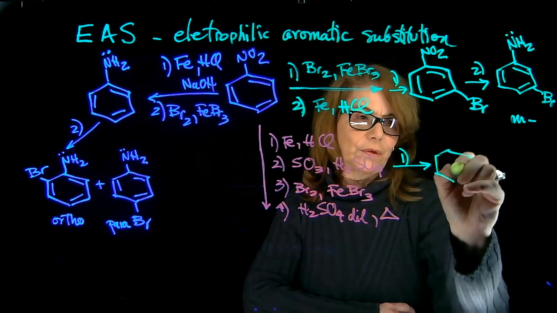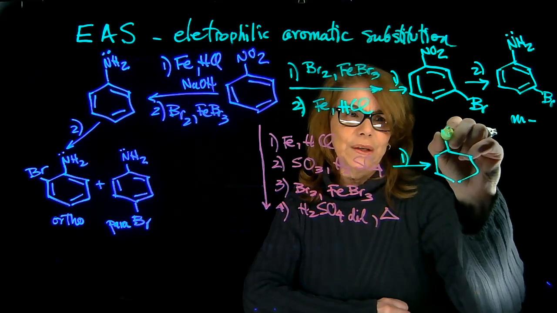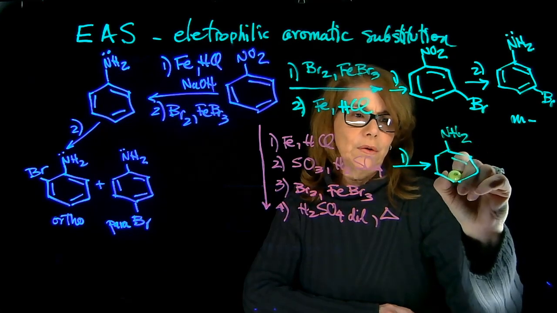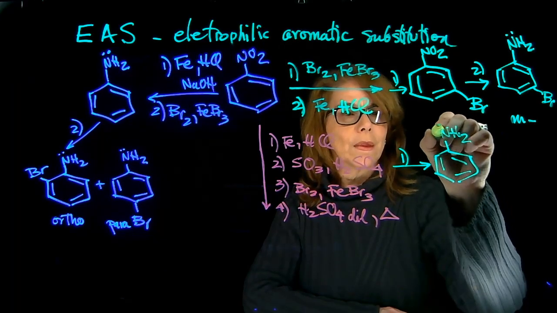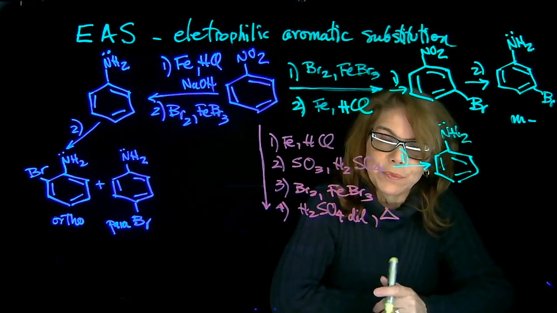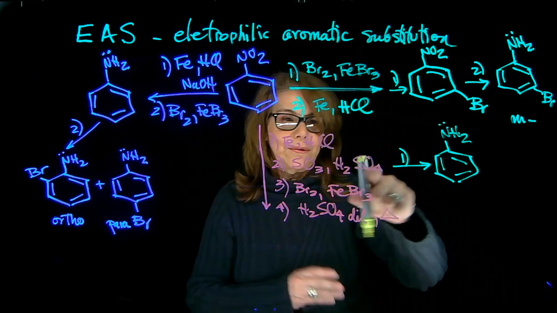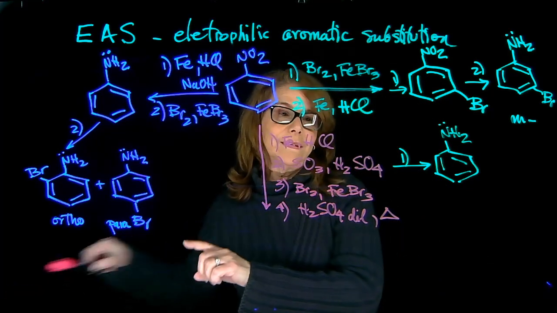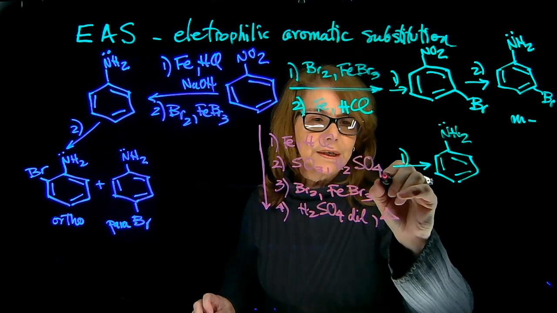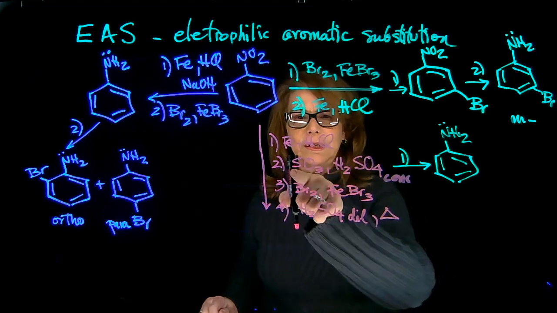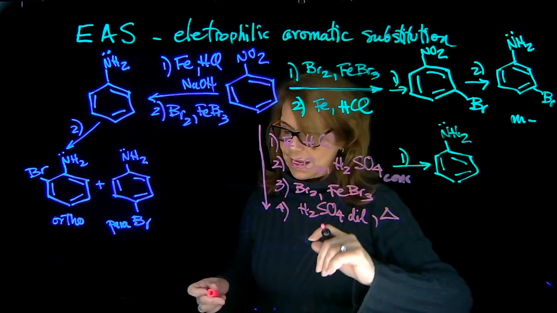So let's just do the amino group here. Now you have aniline. Aniline, this group is activating, ortho-para directing. What is this reagent here? This is concentrated sulfuric acid, fuming actually.